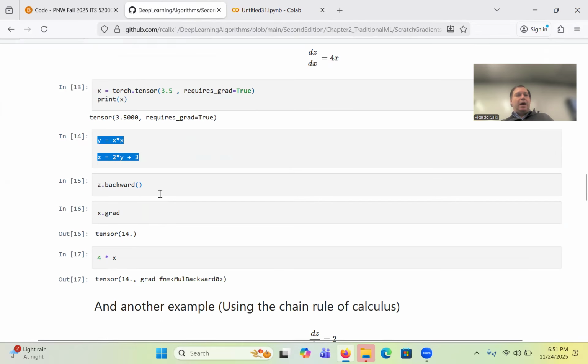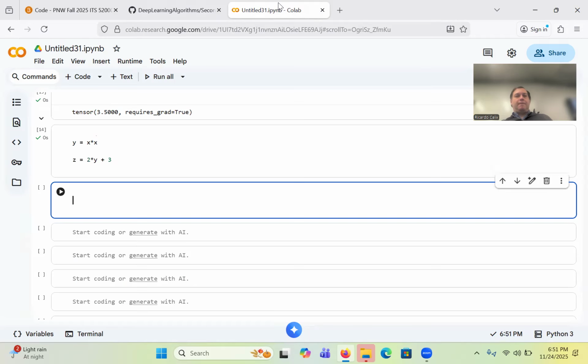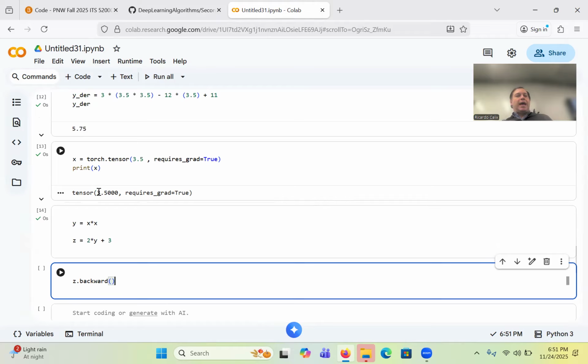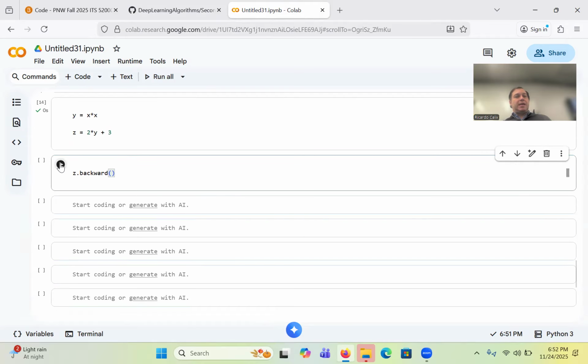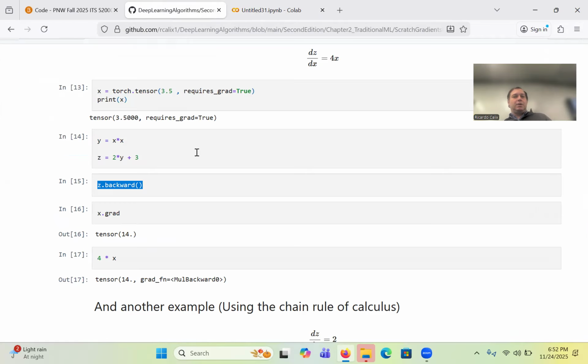Okay. Now we take c dot backward. So we're taking the derivatives, right? And we've defined that we want x to require grad, right? So that has also been established. So c dot backward. Okay.